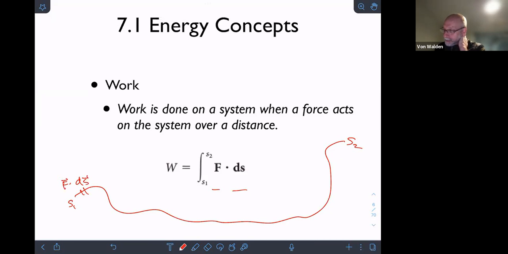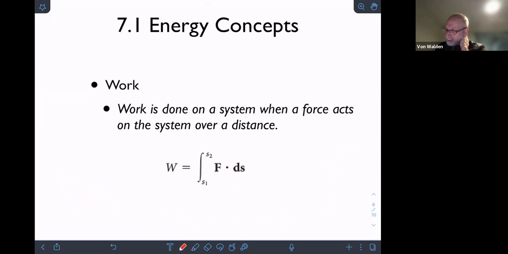what energy was used. Now, let me just get rid of this. A better example is going, basically lifting something from S1 to S2, where we know that we're lifting something against gravity.